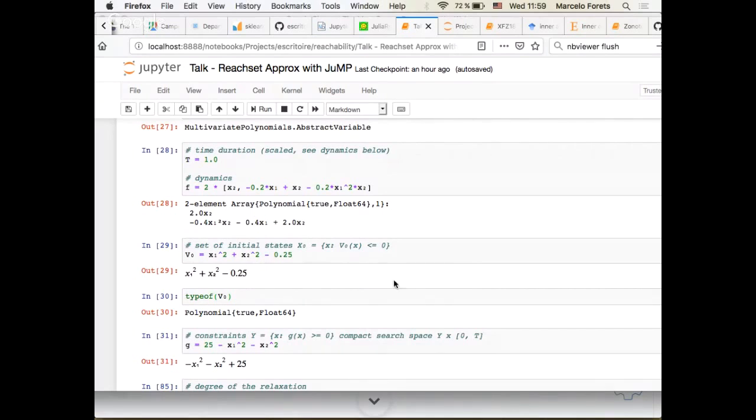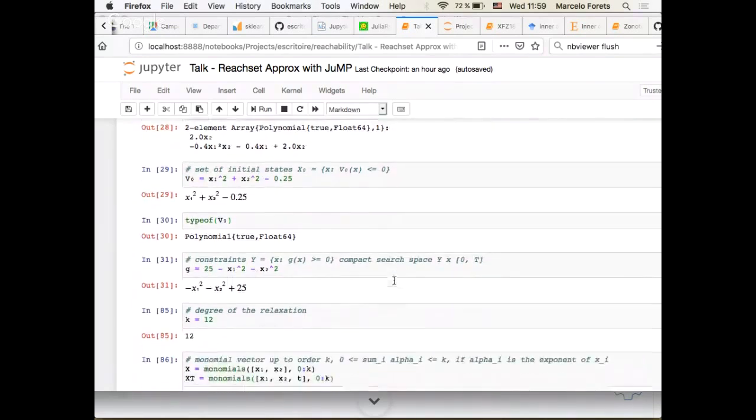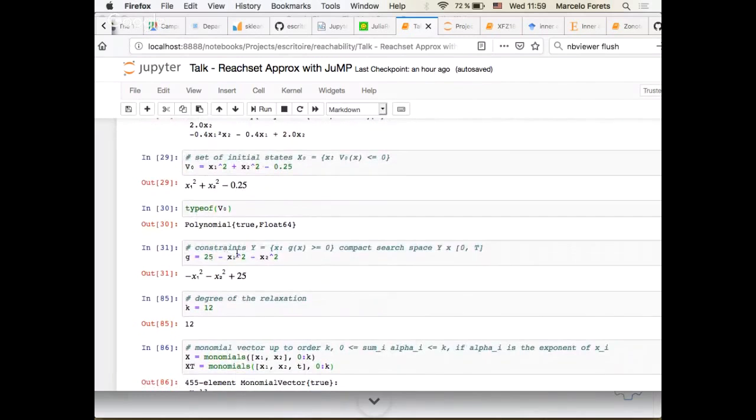And then I define constraints. You remember that the constraint for the search space was g of x greater than or equal to 0. What I'm going to do here is define a function g of two variables, and then use some macros provided by PolyJuMP and SumOfSquares that allow me to easily formulate the constraints of the problem.